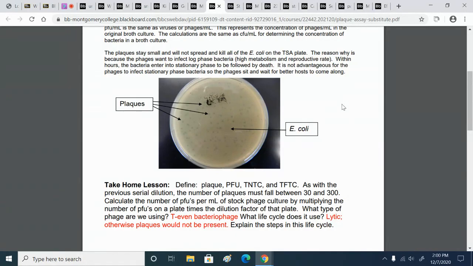It's because they're only infecting bacteria in log phase.